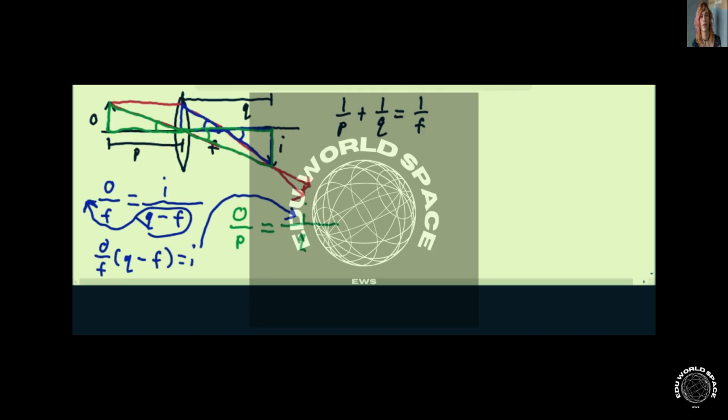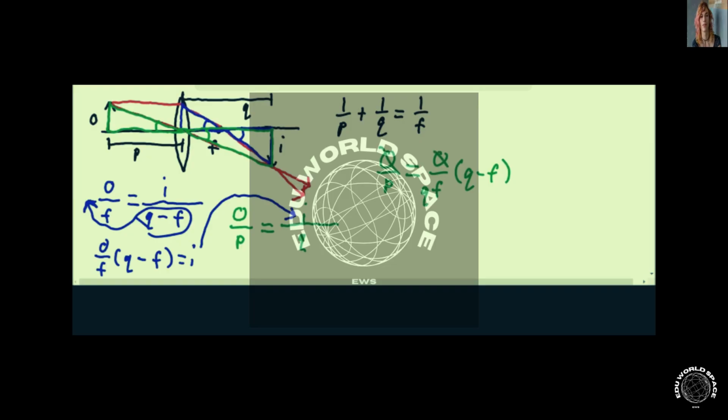Okay, so what we get is O over P is equal to O over F, with Q as well on the denominator, times Q minus F. And notice that the O's cancel out.